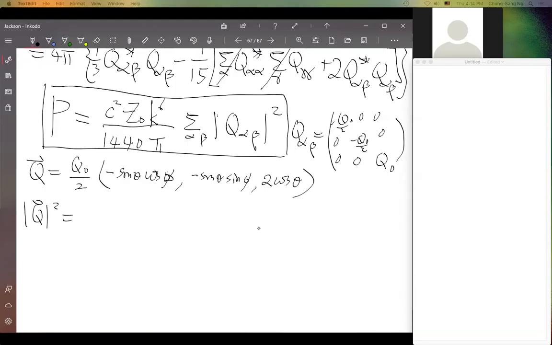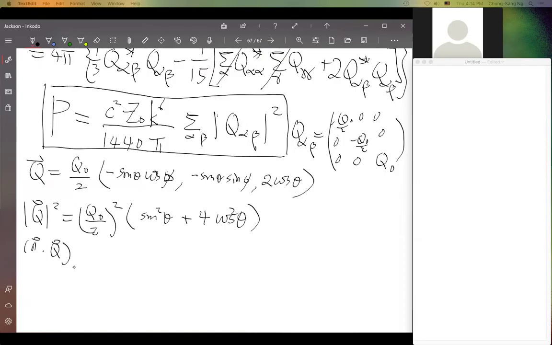So you have Q0 over 2 square, and then sine square theta. Square of this plus square of that, you just get your sine square theta. All right, and the second term will be 4 cosine square theta. Okay, so that's Q square.